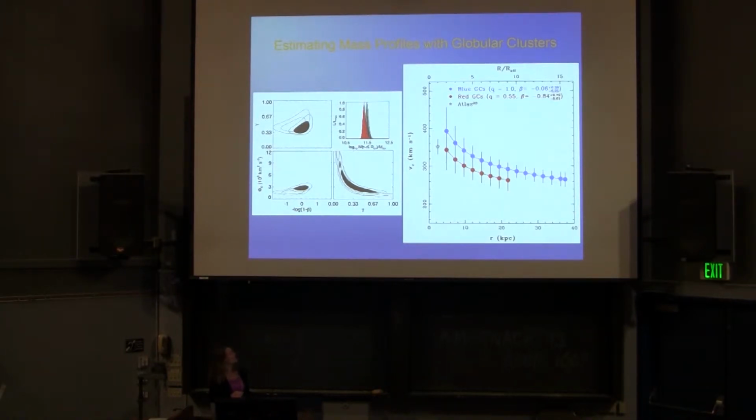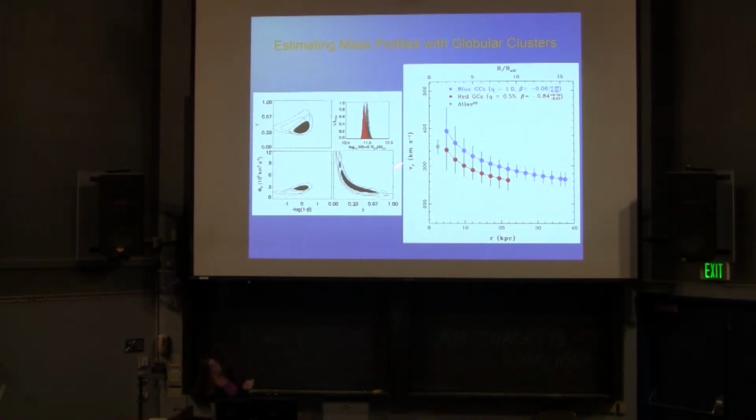And on the right-hand side, I show a mass profile for the same galaxy represented as circular velocity for the blue and the red globular clusters as a function of radius. Here, our best fit model for the blue is a spherical distribution, and for the red is a flattening distribution. So they overlap within uncertainties, match quite well.